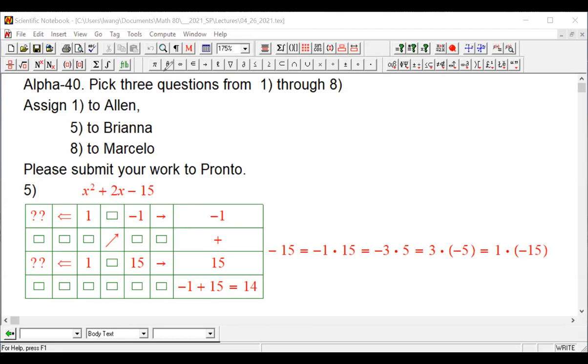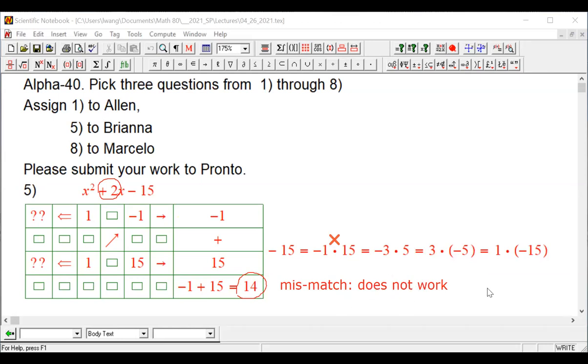A positive 2 and 14 is a mismatch. This is the indicator telling us that this combination is not going to make it. It does not work, so this combination is out.